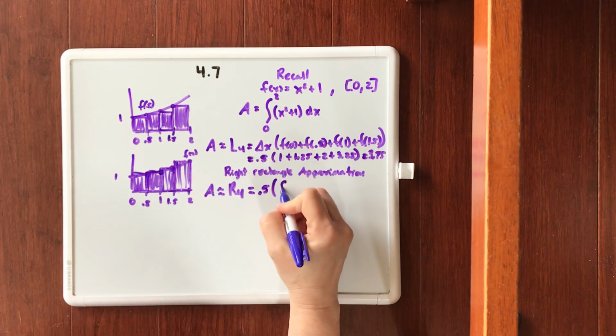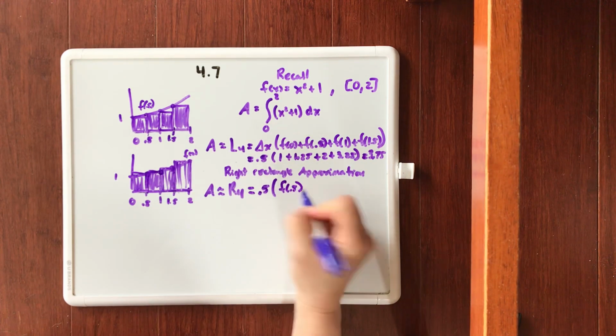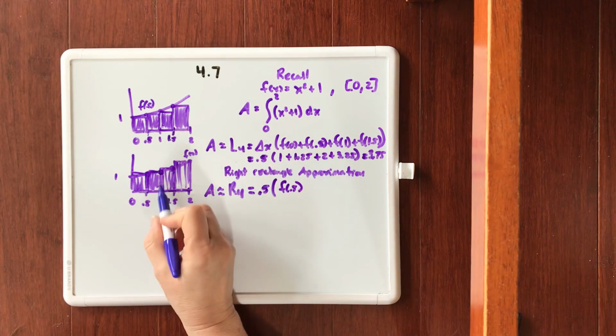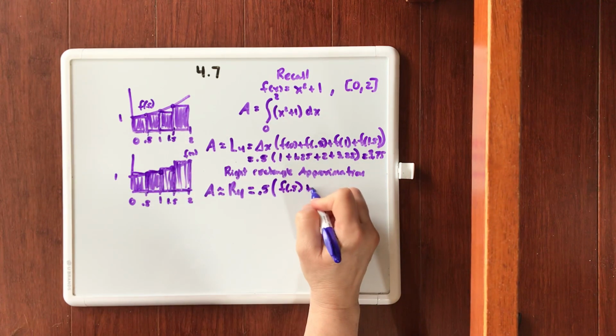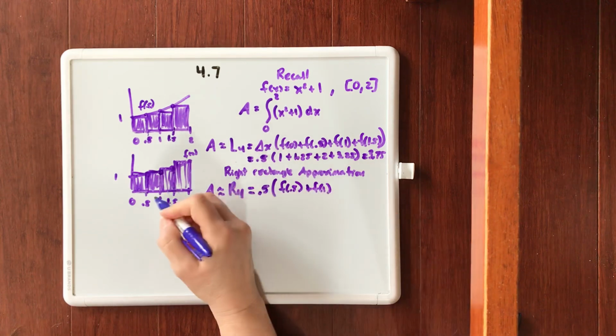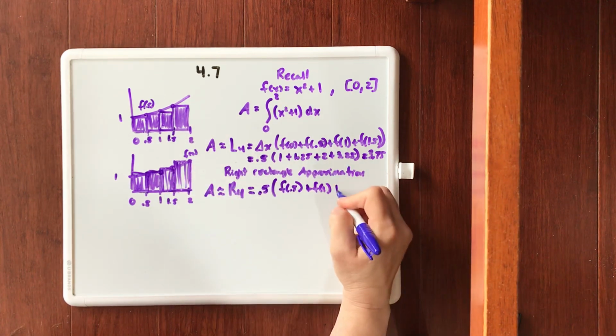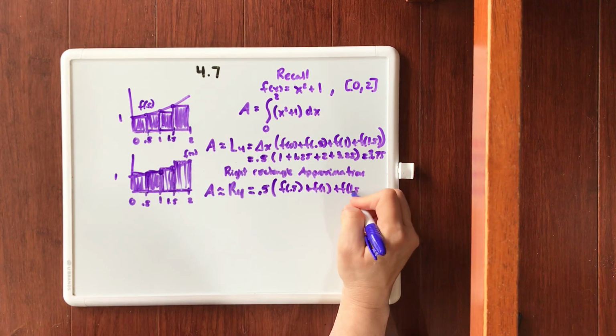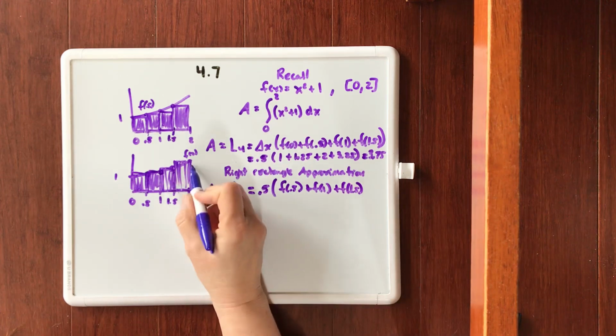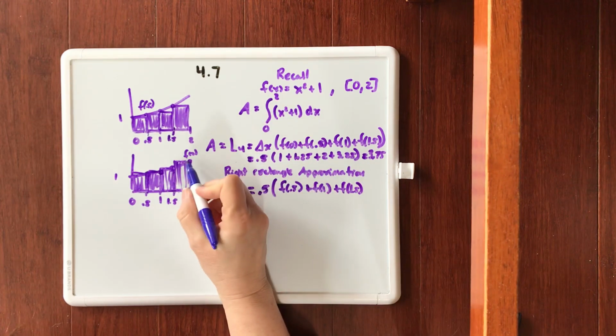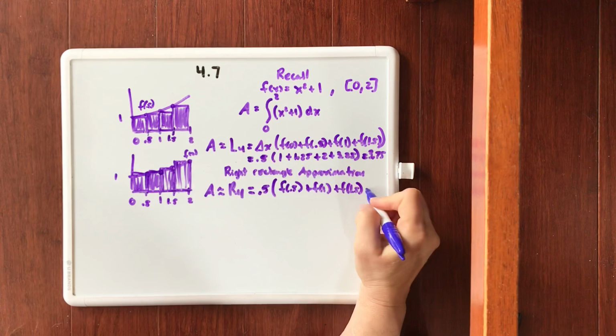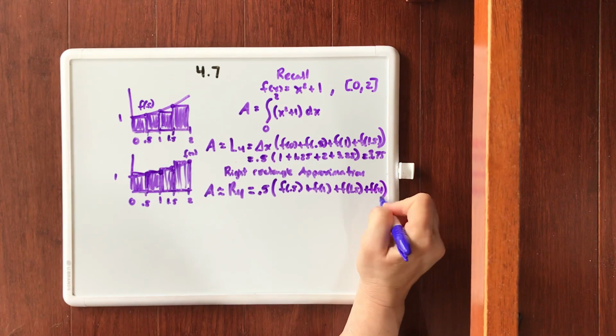So we're looking at f of 0.5. Then we're looking at f of 1, f of 1.5, and then f of 2, this times that, plus f of 2.